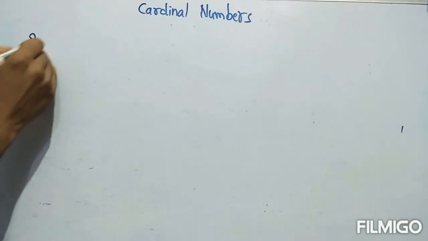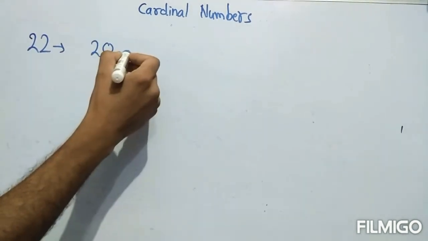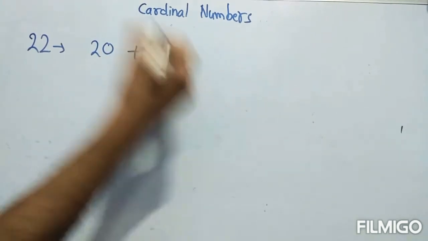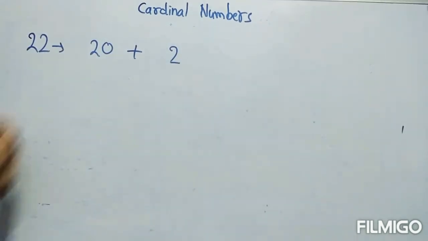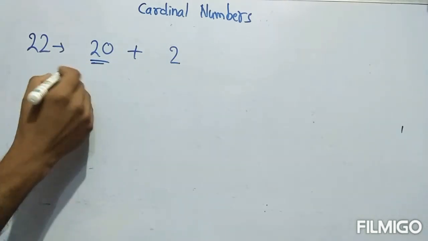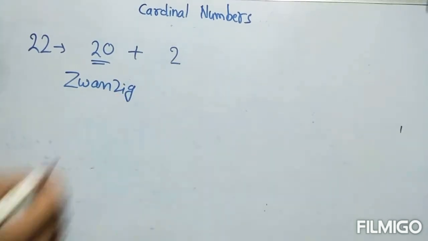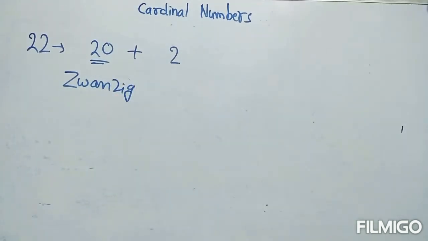Next is 22. 20 plus 2. 20 is zwanzig and 2 is zwei.